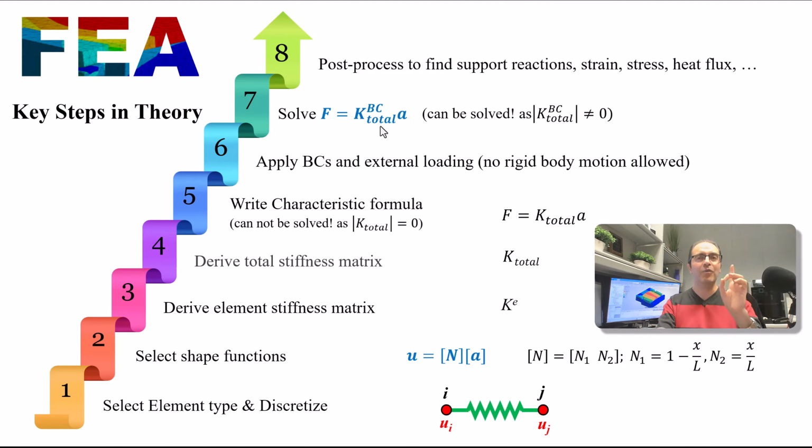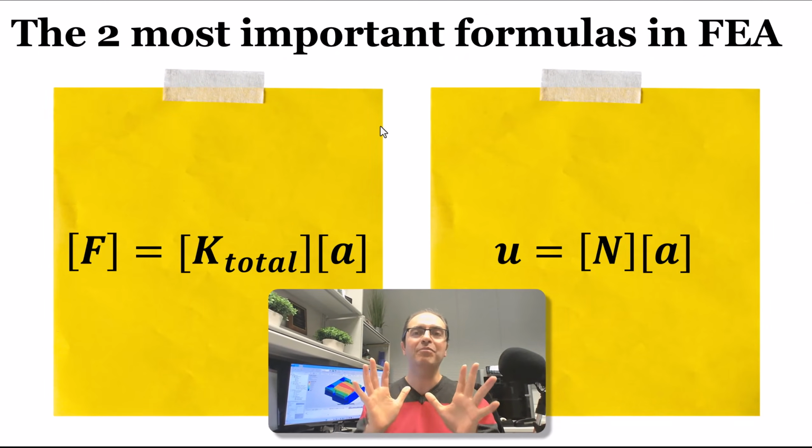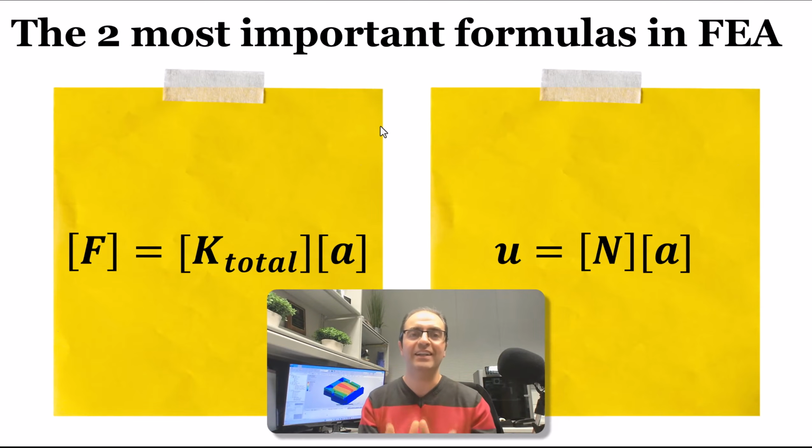I want to just have one more slide to show you, and this is extremely important. I want you to take the message on the next slide with you after you're done with this video, and this is the most important formula in finite element. One is F equal to K total A, the characteristic formula, and the next one is U equal to NA.